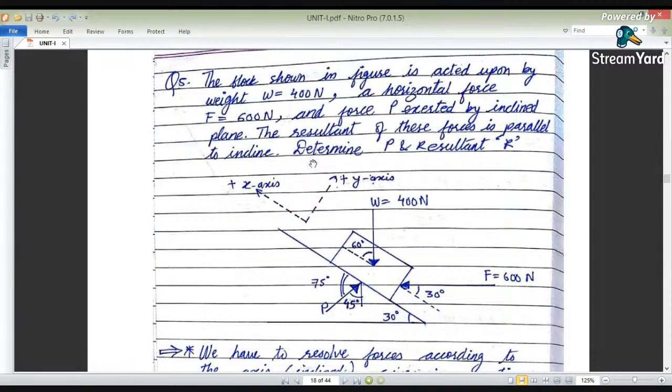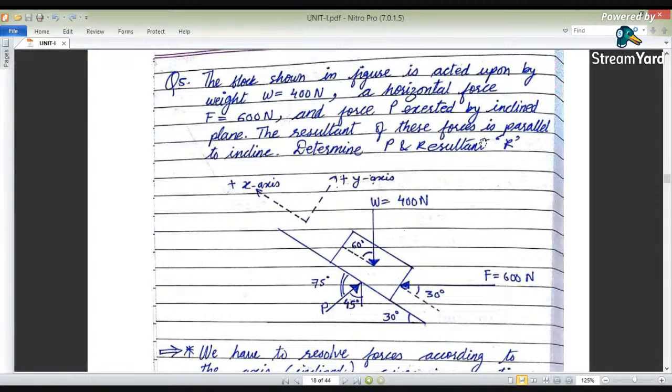Force P makes angles of 45 degrees and 75 degrees, because if we draw the perpendicular, the total is taken as 180 degrees. Therefore it has been given as 45 degrees and 75 degrees.